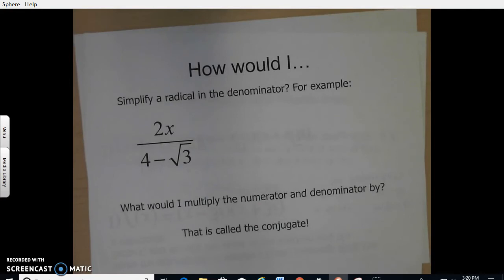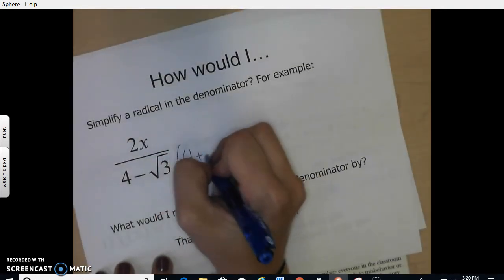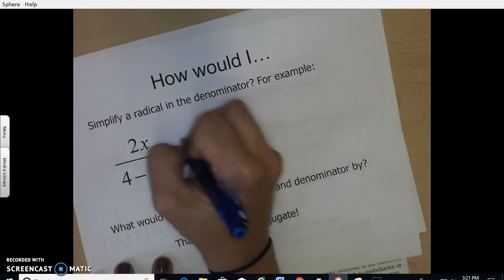If I needed to simplify a radical in my denominator, for example, 2x divided by 4 minus the square root of 3, I would multiply my numerator and denominator by the conjugate. The conjugate would be 4 plus the square root of 3.